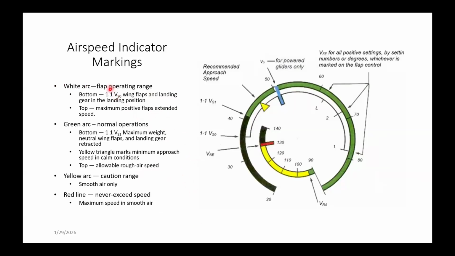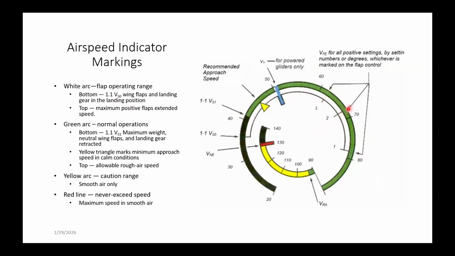Now we've got the white arc, so that's our flap operating range. And some airspeed indicators are marked with indicators. So for instance, in this one, it's saying L, so I'm assuming that might be landing. You don't want to fly faster than, looks like, 62 knots. Okay.